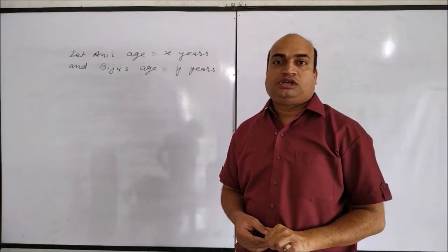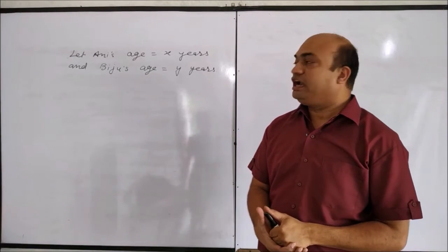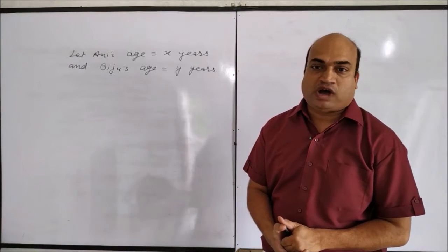We considered Annie's age as x years and Biju's age is y years.